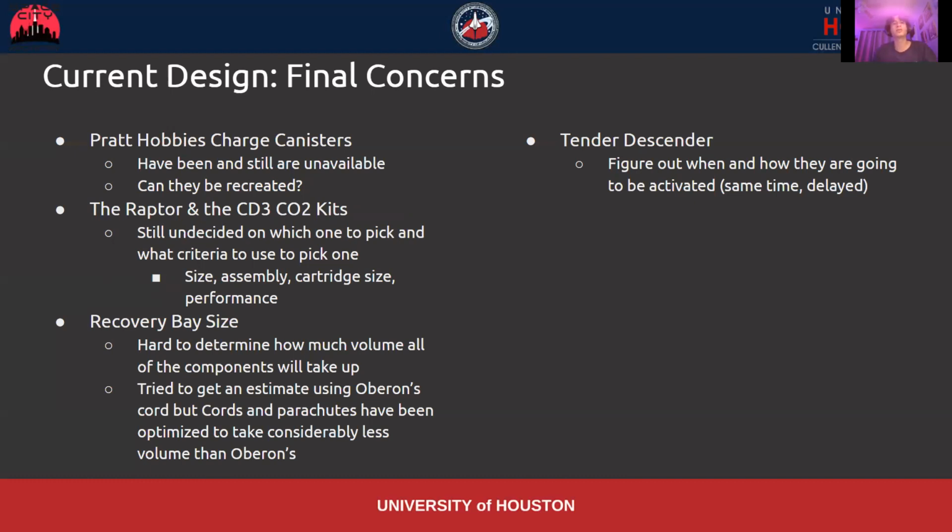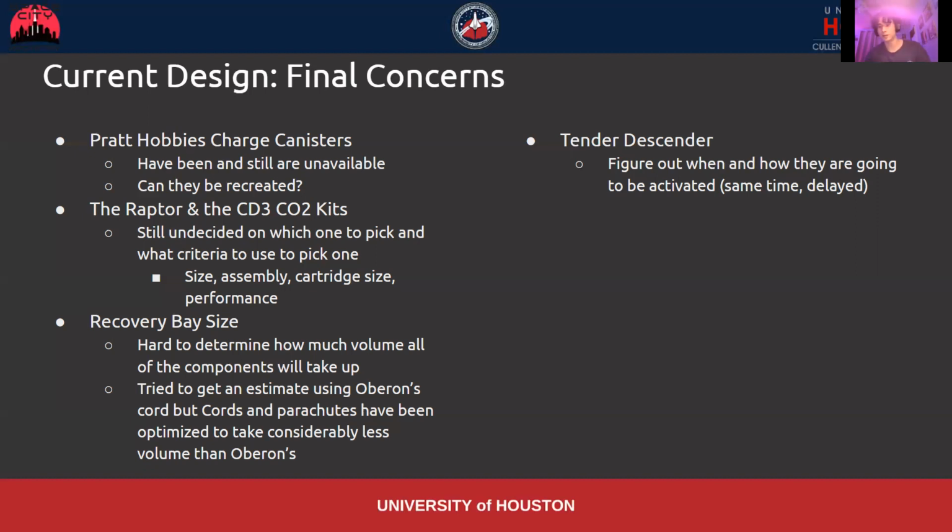And then for the Raptor and the CD3 CO2 kits, we still have not decided which one we're going to use, and what criteria we're going to use to decide. I think this is kind of solved though. I know that Dominic is an alumnus who was on the team.